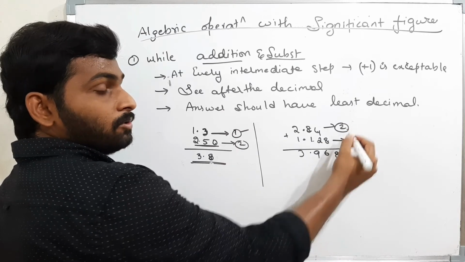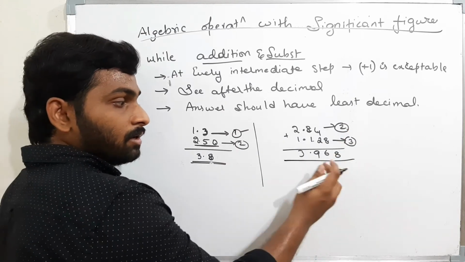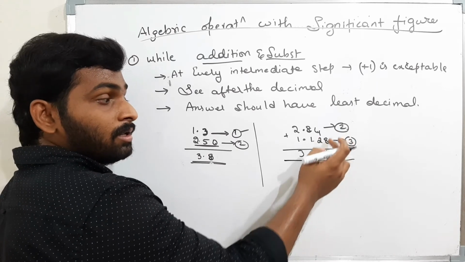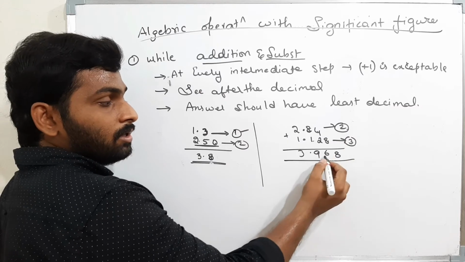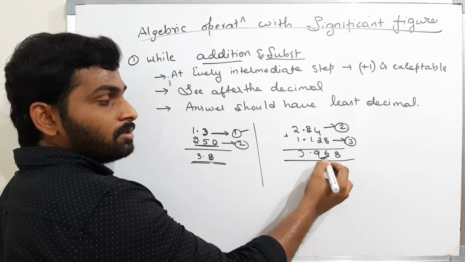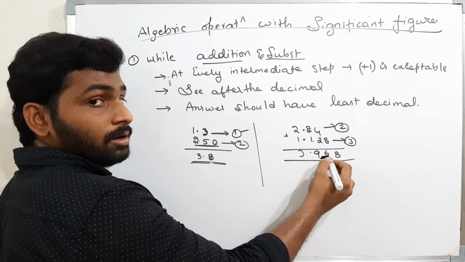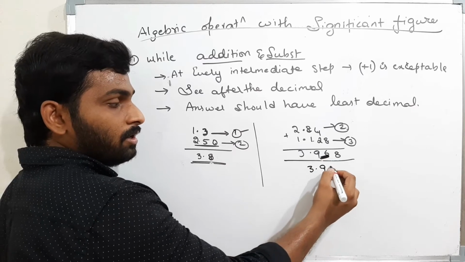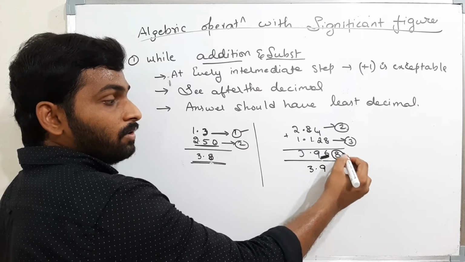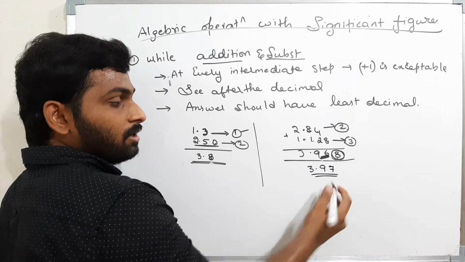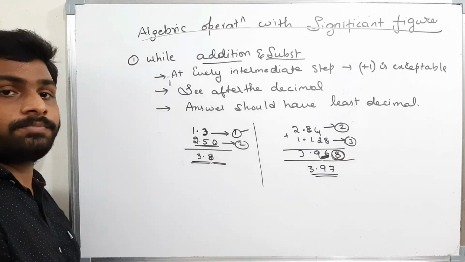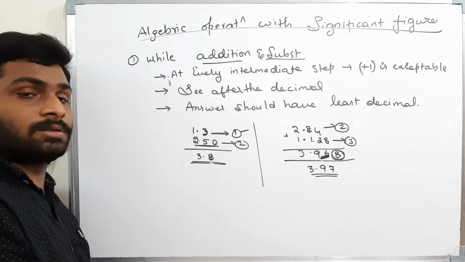The least is 2. Therefore, the answer should also have only 2 decimals. That means I have to round off to 2 decimal places. Therefore the answer is 3.9, and I should round off. If it is 5 or greater, I have to add one, so 9 becomes 7 in the last place. The answer is 3.97. I think this is clear, what we did.